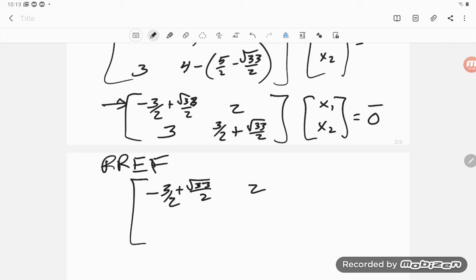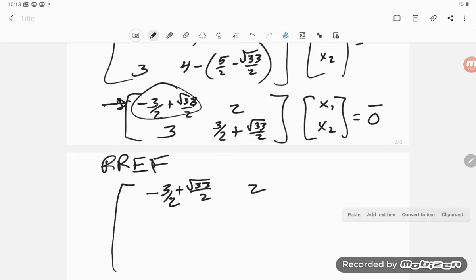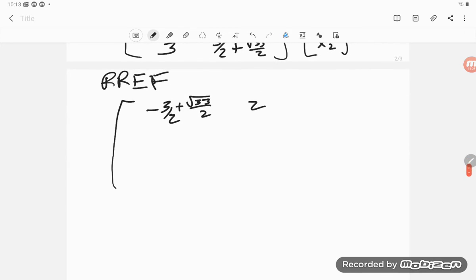When I do that and add those together, hopefully I'll get 0. This is going to get a little ugly here.